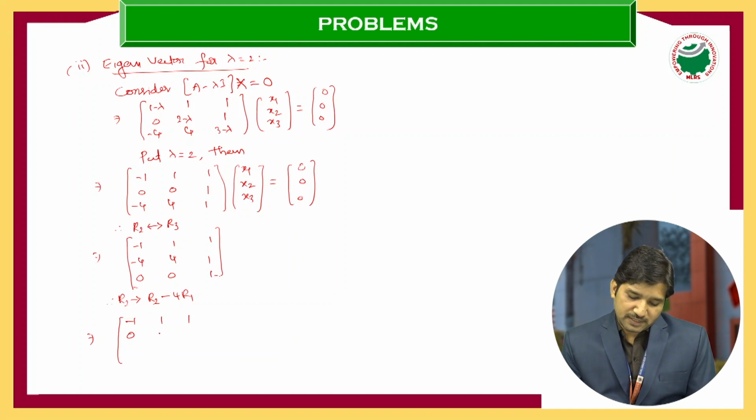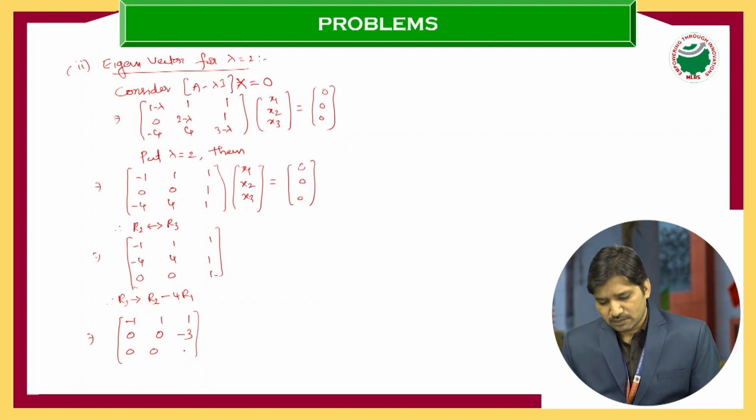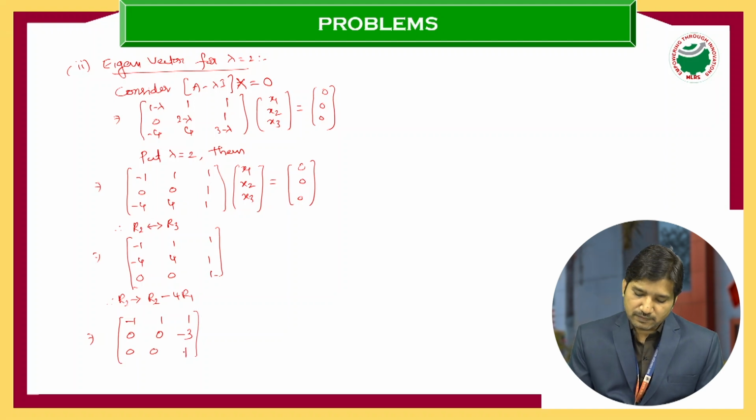Minus 4 plus 4 is 0, minus 4 plus 4 is 0, and minus 4 plus 1 is minus 3. Next row is 0, 0, 1.